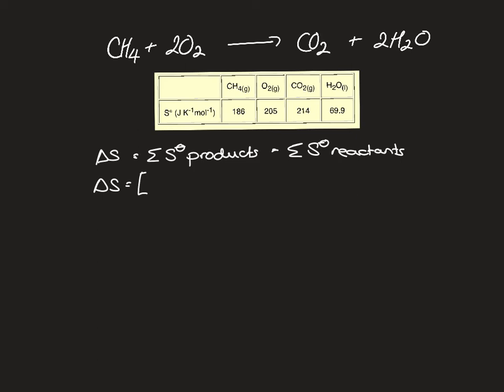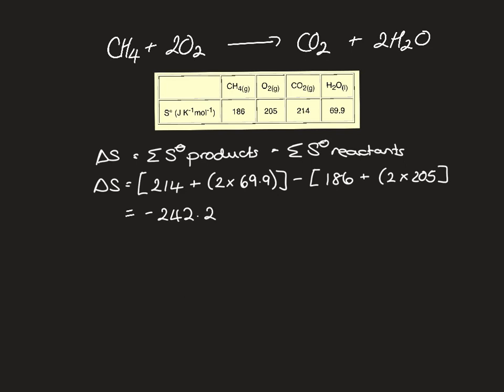So I'm going to have 214 plus 2 times 69.9, take away 186 plus 2 times 205. So when we plugged all that into our calculator, we end up with minus 242.2 joules per Kelvin per mole.